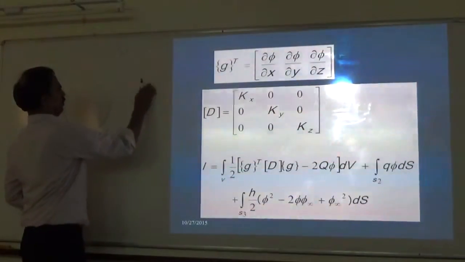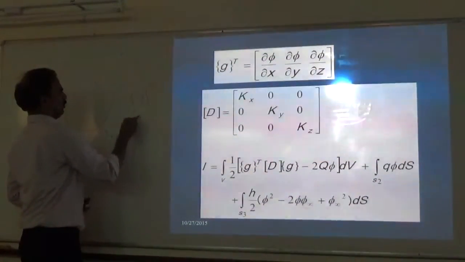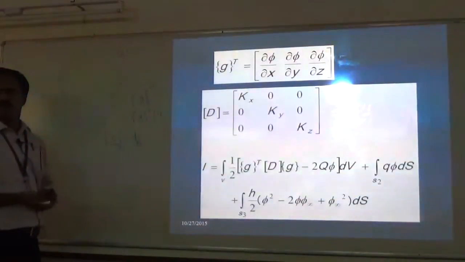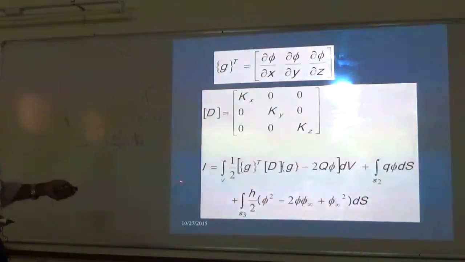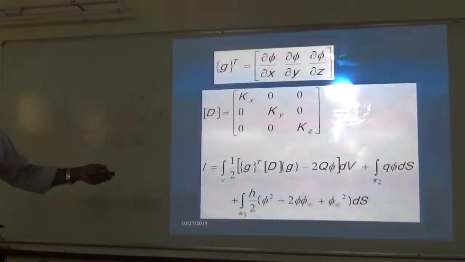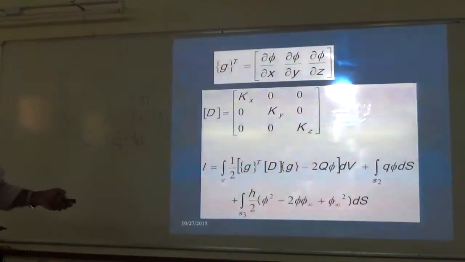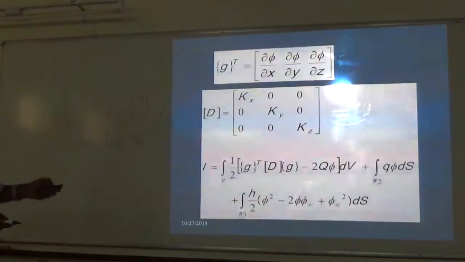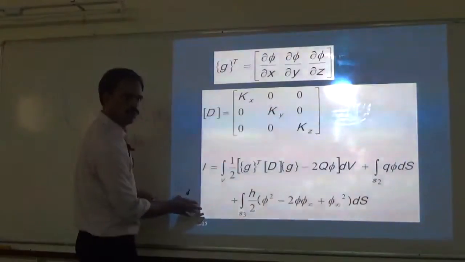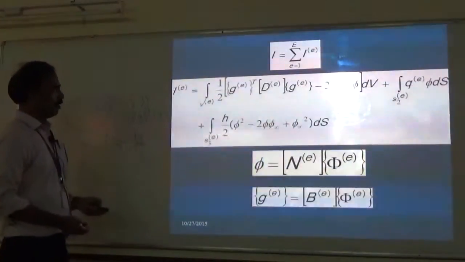So now this is in terms of the gradient matrix and D, plus we have other quantities. Basically my objective is to write this in terms of nodal unknowns. What am I going to do now?